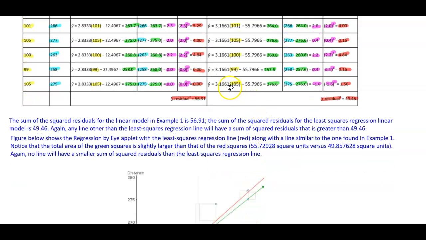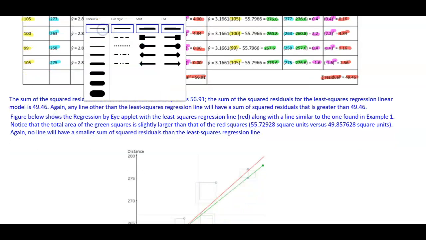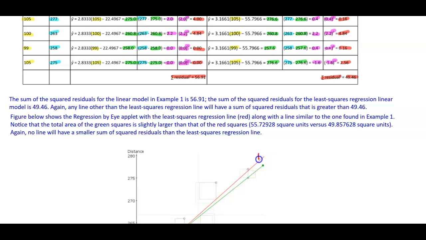So now the figure below shows the regression by eye applet with the least squares regression line in red. So the least squares regression line was the one that we found in example 3. Okay, so recall that the line here in red represents the one we found in example 3, and that is y hat, which is equal to 3.1661x minus 55.7966.